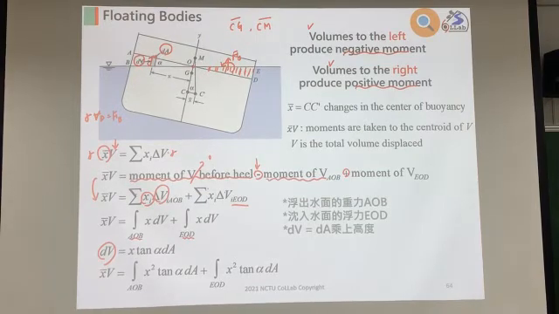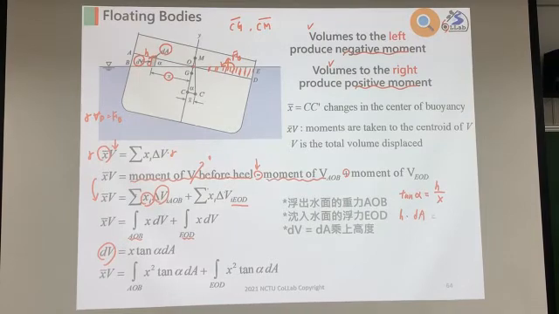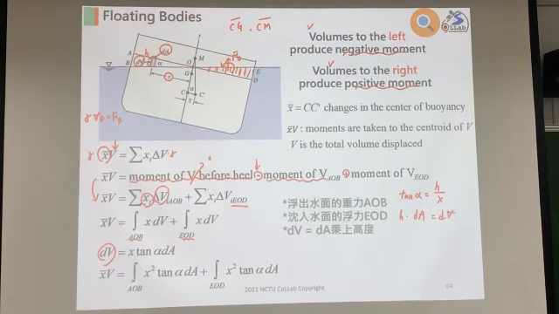But how do we compute the height? Because you know here is x, so tangent alpha is equal to the x distance over the height, right? So this height h, multiplied by dA, gives us dV.